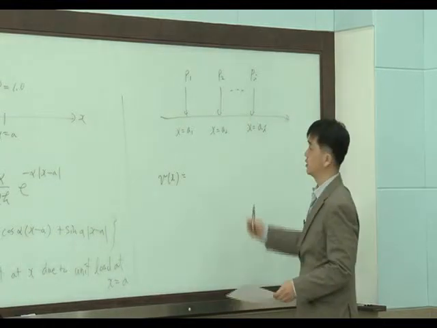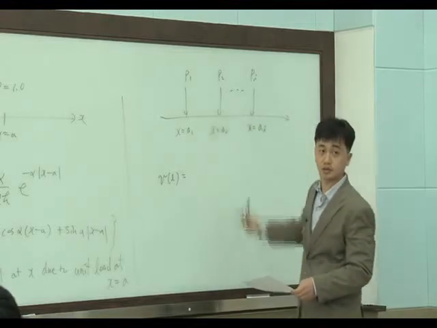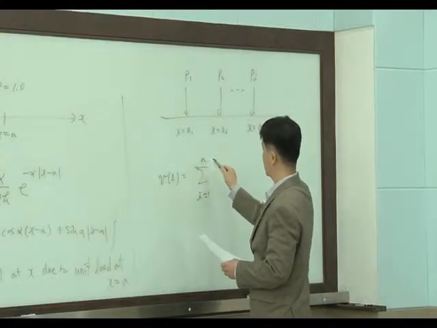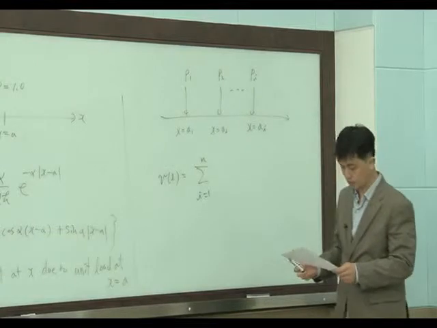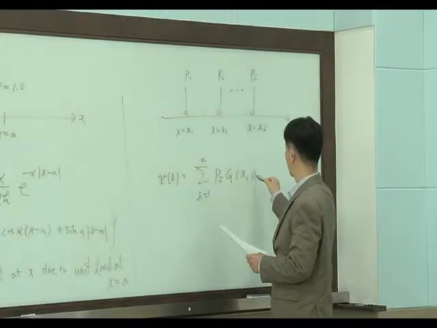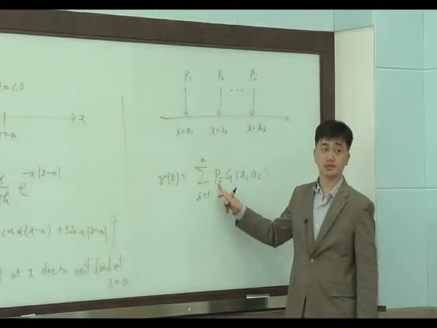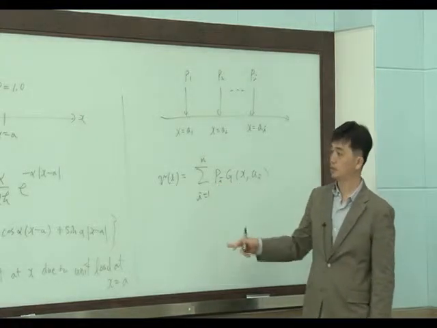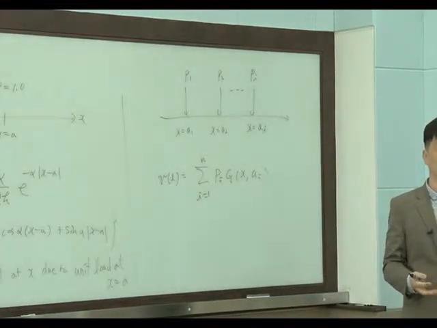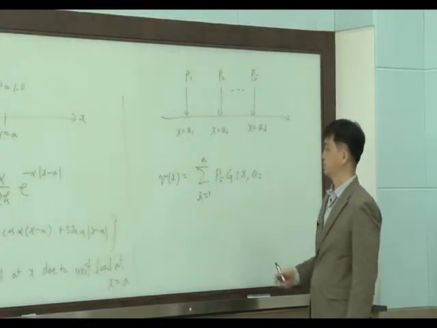The solution can be calculated by superposition of each solution, right? So sum i equals 1 to n, n is the number of point loads, Pi g(x, ai), right? So Pi is the magnitude of the load, because here the Green's function is defined by unit load. So if we multiply by the magnitude of that load, this will be the solution.